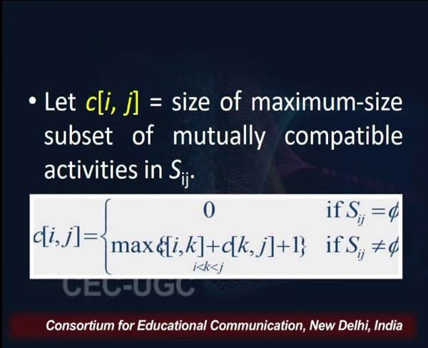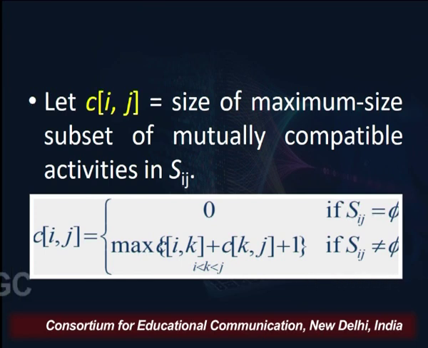If S_ij equals 5, then the size of C_ij is going to be 0, or the size of C_ij is going to be the max of C_ik plus C_kj plus 1 if S_ij is not equal to 5, where i is less than k and k is less than j.